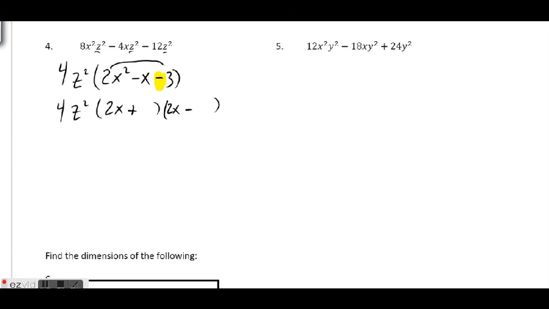2 times 3 gives me 6. Factors 1 and 6. 2 times 3. Alright? 3 minus 2 will give me this 1 that's sitting right there.